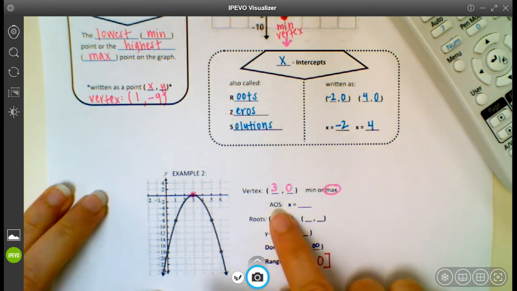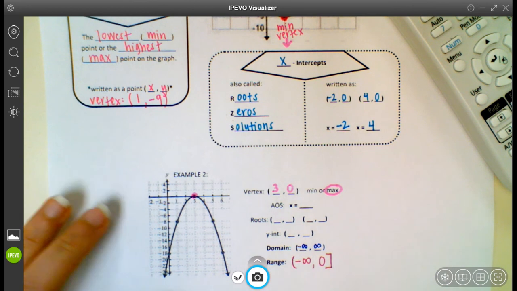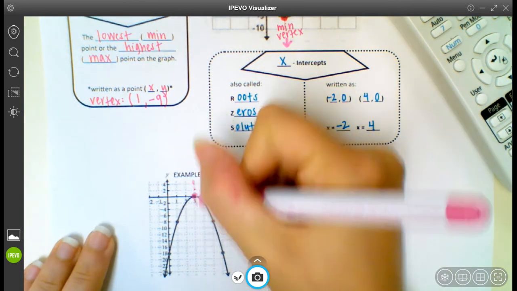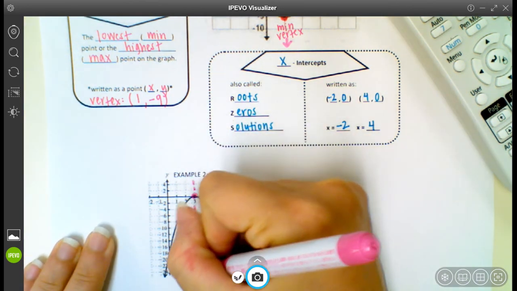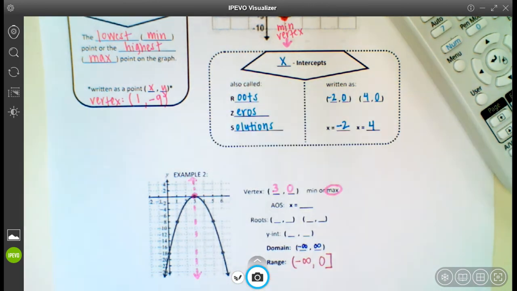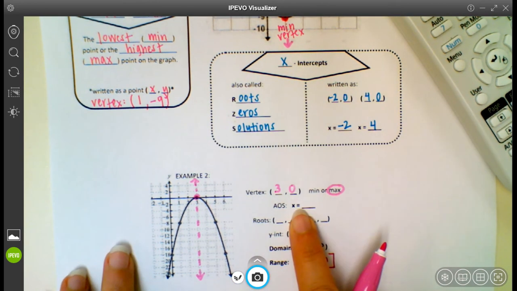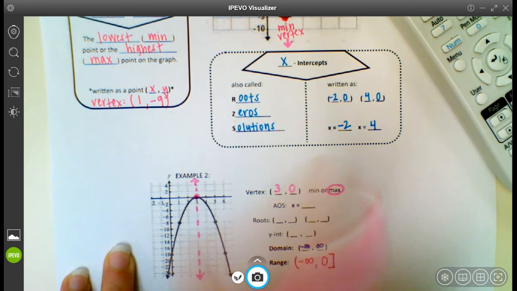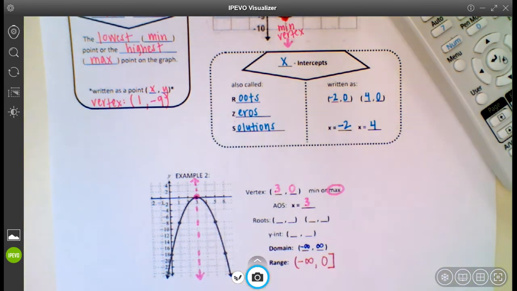Now remember, your AOS, your axis of symmetry, where you split the U in half, literally goes through that vertex point. So that dotted line is our AOS. So what X value is that cutting through? Well, it's cutting through the X-axis here at 3. So X equals 3 is your axis of symmetry.